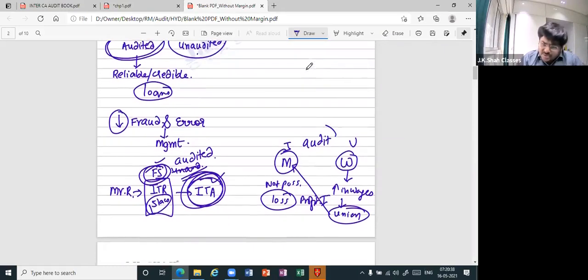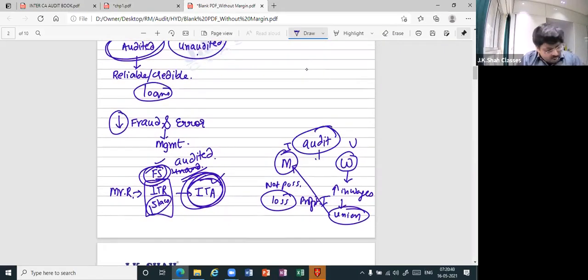Let us solve the doubt. I will do audit. You check the financial statements and see whether there is any loss or too much profit. If there is still a loss, then I will not pay you the wages. If there is high profit, I will give you the increase. So can I say the dispute can get settled by doing auditing? Now do you understand? Okay.